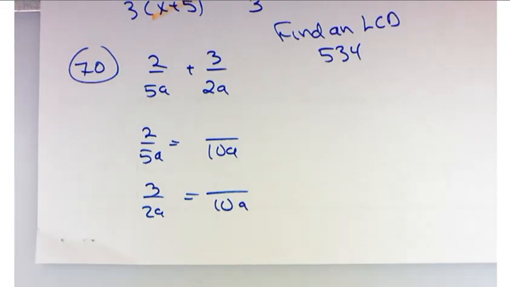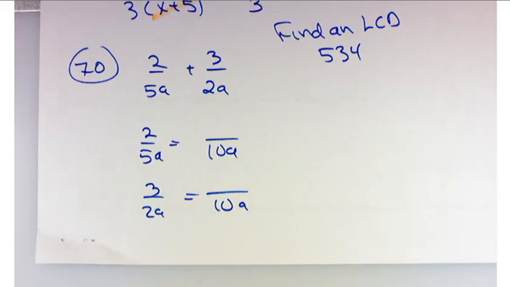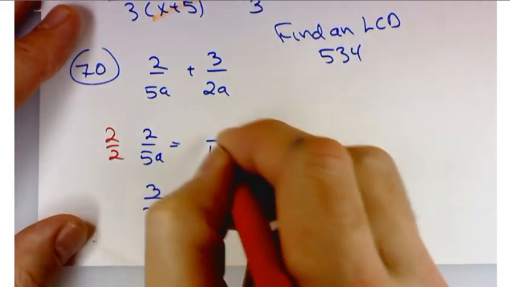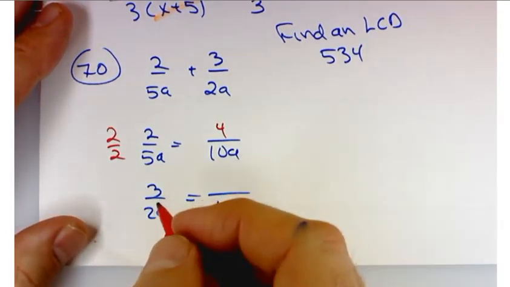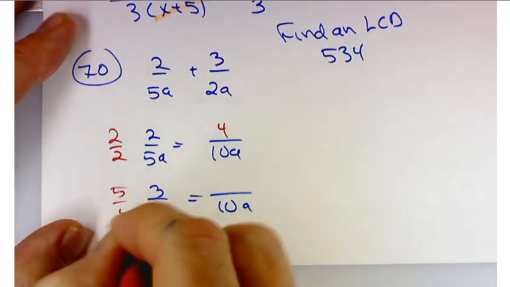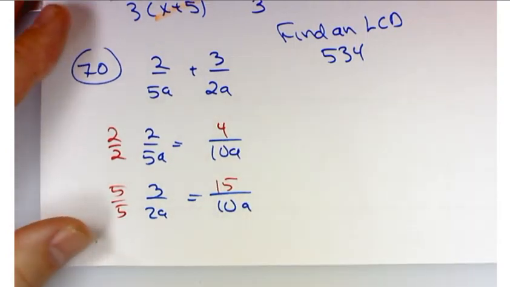Mackenzie, what should I multiply by in the first one? Good. So I'll multiply by 2 over 2 and get 4 over 10a. And then likewise, for the second one, I'll multiply by 5 over 5 and get 15 over 10a.